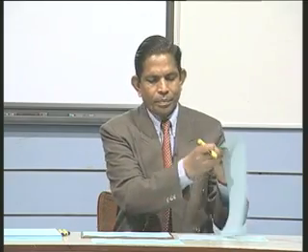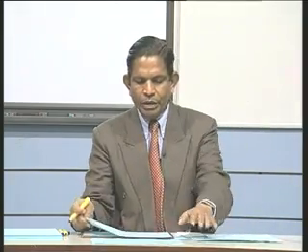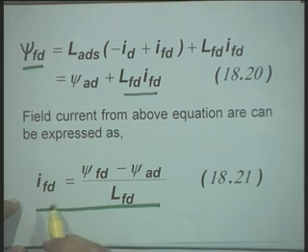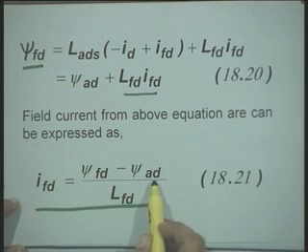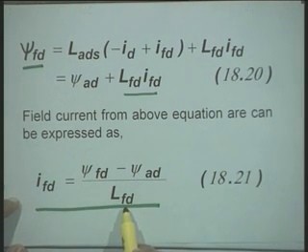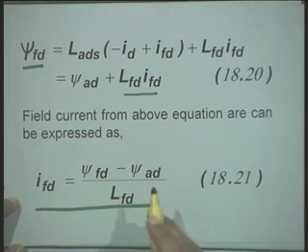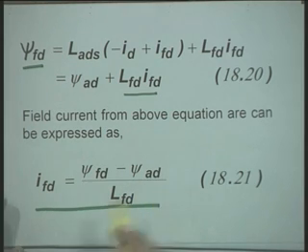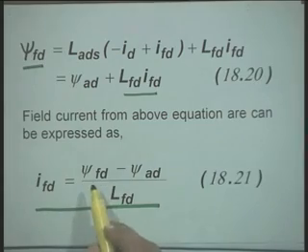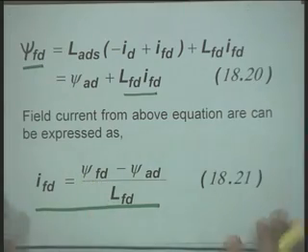We had written the expression for IFD. See the equation here: IFD was expressed as (psi FD minus psi AD) by LFD. Now, since psi AD is expressed in terms of the state variables, I can now express the incremental change in the field current in terms of the state variables.